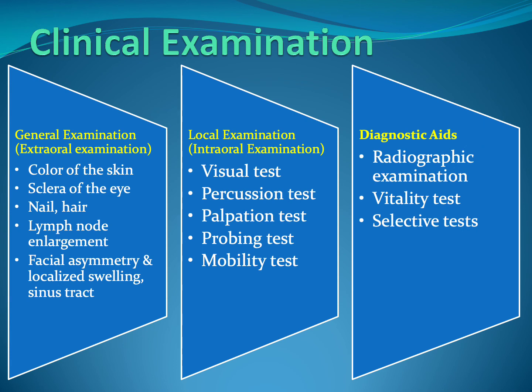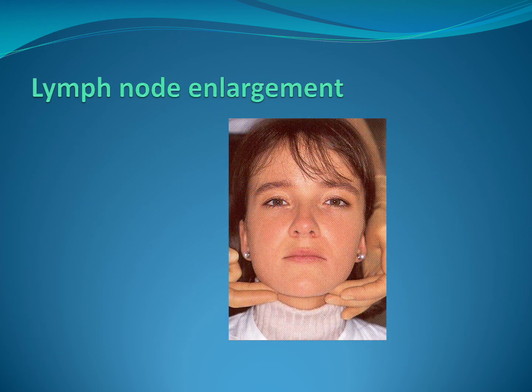Diagnostic aids, radiograph, and the vitality test, and also the lymph node examination. It's very important to make a lymph node examination, especially if there is any infection, or if there is any endodontic problems.